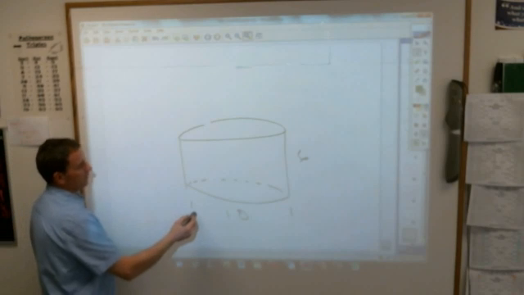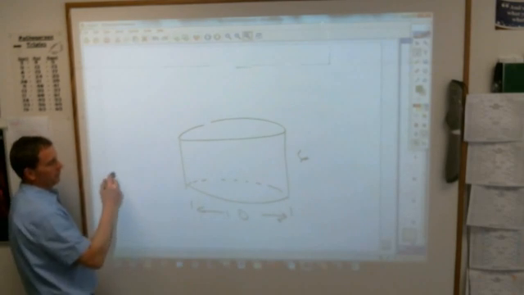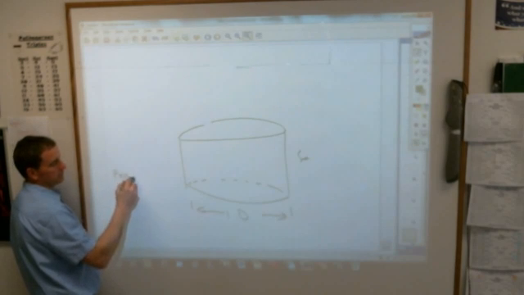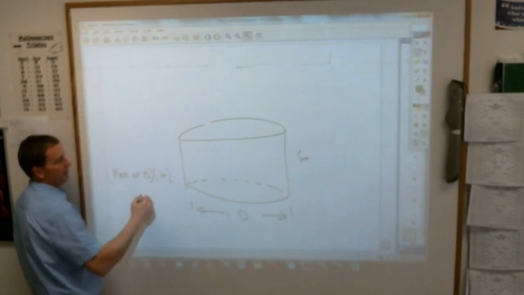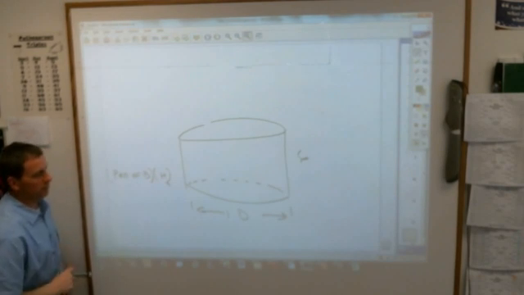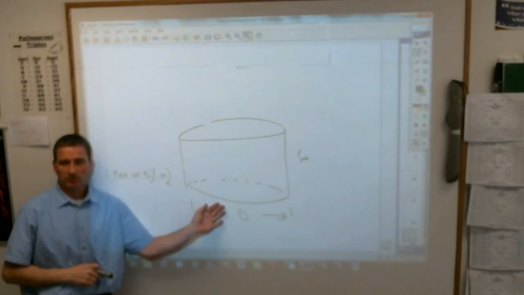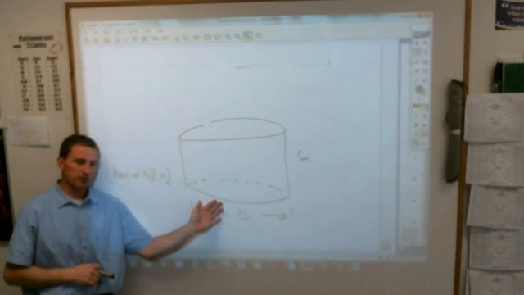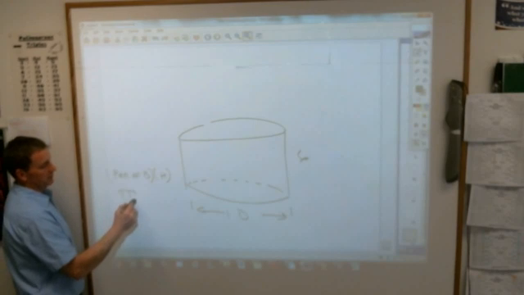So if my lateral surface area, children, is the perimeter of the base times the height, and my base is a circle, what is the perimeter of a circle? Somebody? Anybody? We don't usually use the word perimeter of a circle, we use the word circumference, and circumference of a circle is pi times diameter.